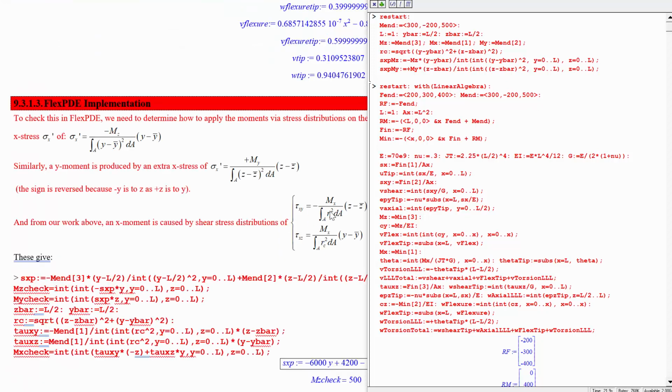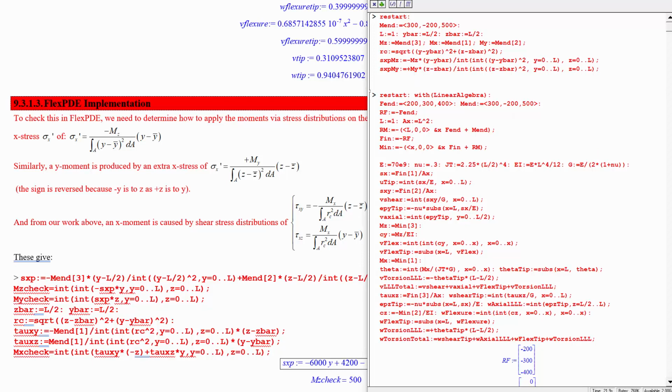So finally, the torsional moment is going to be produced by shear stresses Sxy prime. We're going to have to add in negative MX times z minus z bar, the MX that we want times z minus z bar. This is going to be the amount to the right based on how up we are.